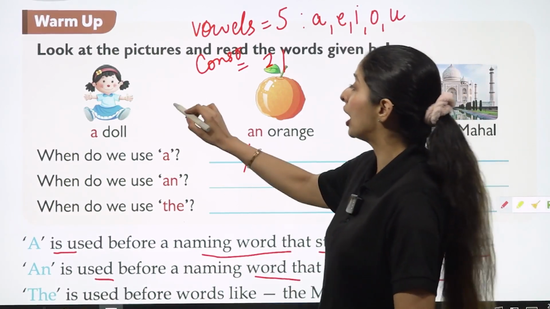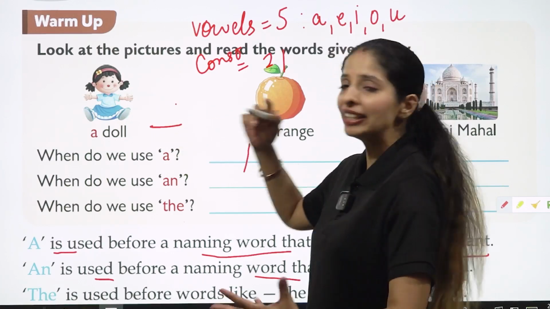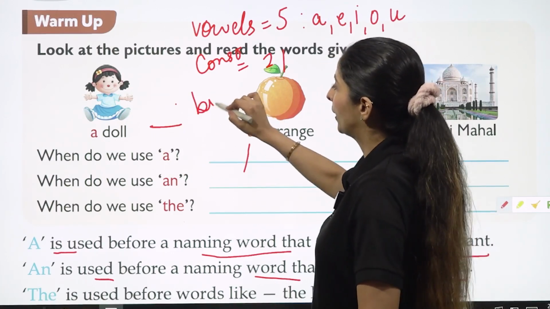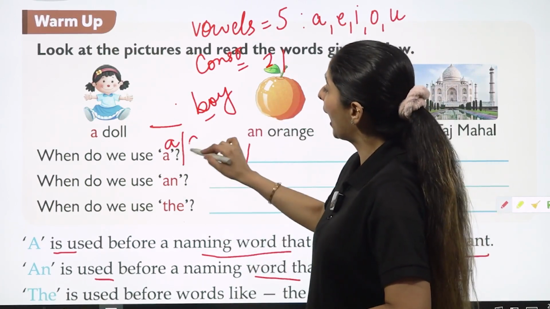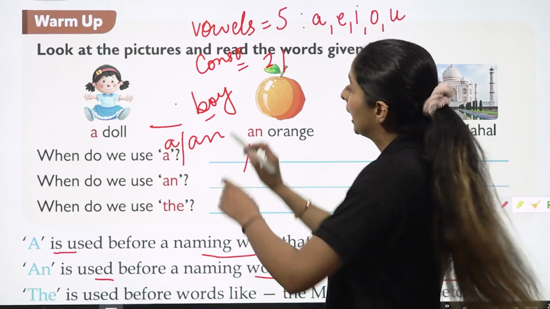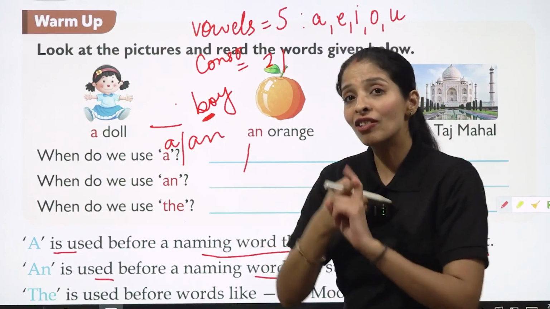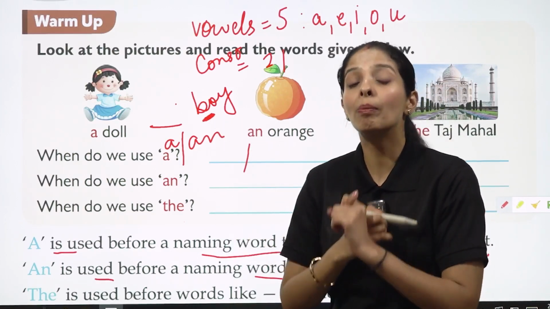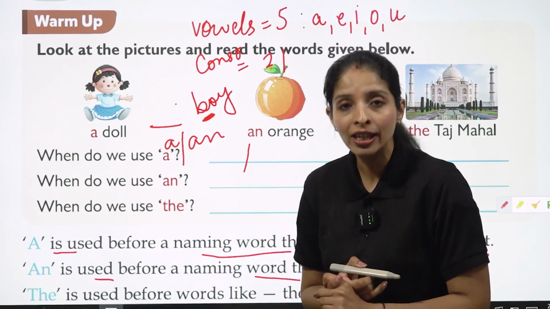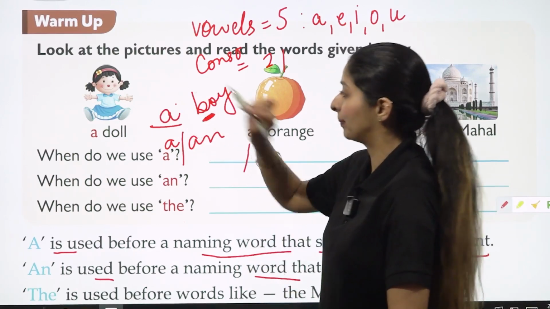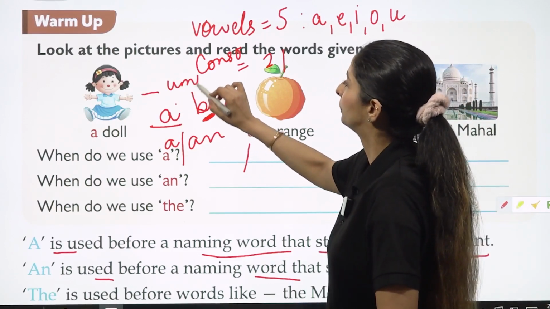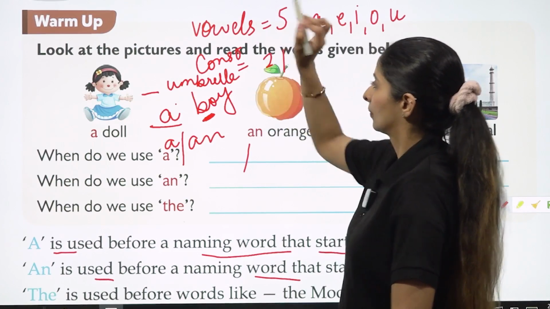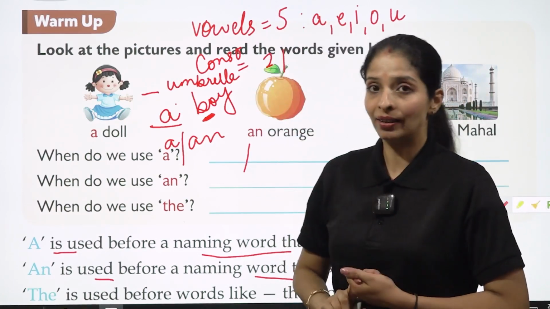For example, I'll give you a very simple example. Boy: is it a boy or an boy? Here, boy, B is a vowel or consonant? B is a consonant. So, here we'll write A. Now, if I talk about umbrella, a or an umbrella?